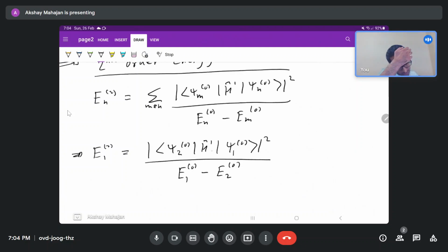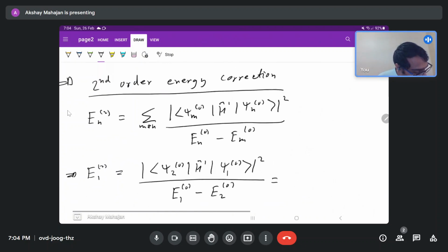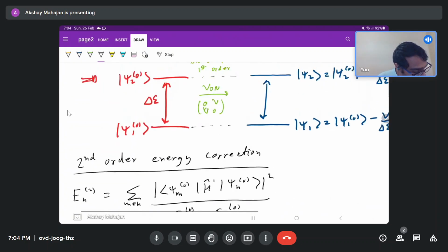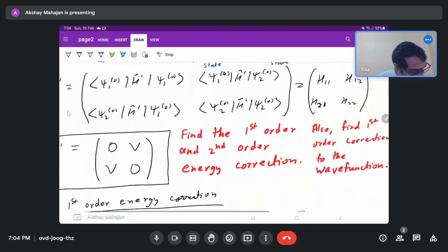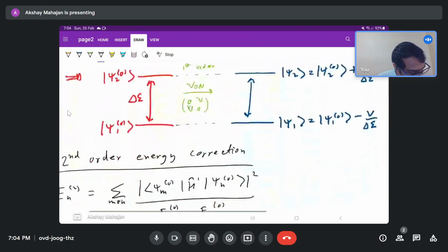Psi 2 0, h cap prime psi 1 0, over E 1 0 minus E 2 0. Now psi 2 h cap prime psi 1 is h21, and h21 is given from our matrix as v.